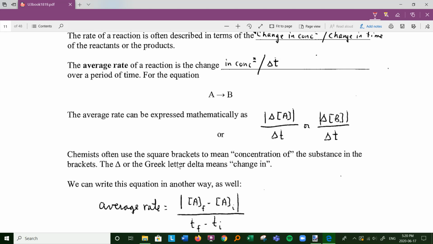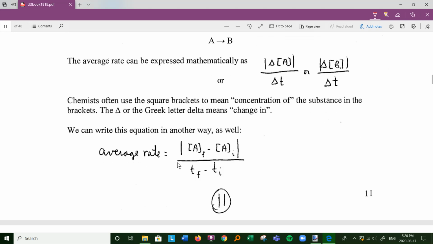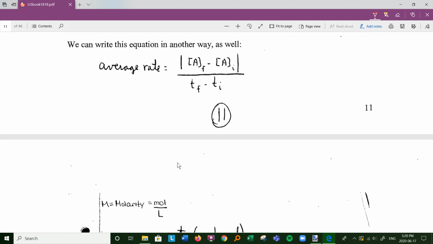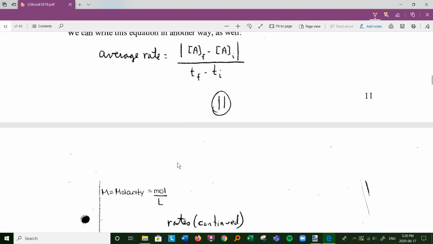So we're just going to write rate as the change in concentration over the change in time with those absolute value bars. And change is final minus initial. So if we're looking at concentration A, the average rate is, in absolute value bars, A final minus A initial over t final minus t initial.